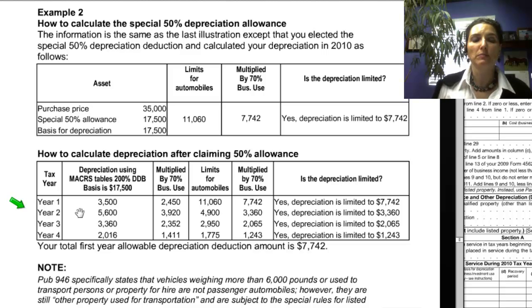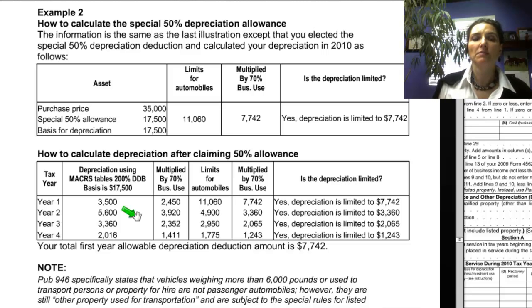Well, in year two, we would be allowed, according to the maker's table, 32% of the remaining amount of basis eligible for depreciation, and that would be a $5,600 deduction. But wait, we have to multiply that number by 70%, and if we did that, we would get $3,920.